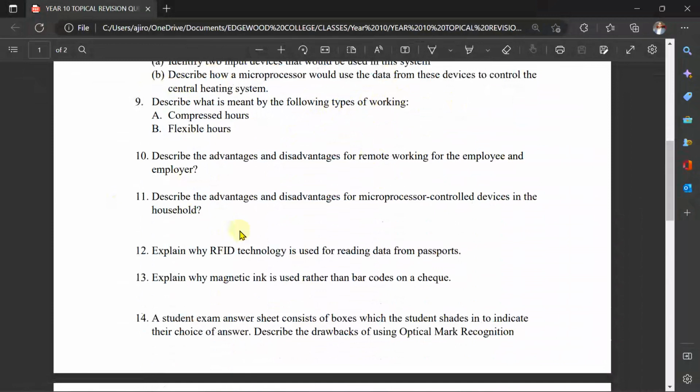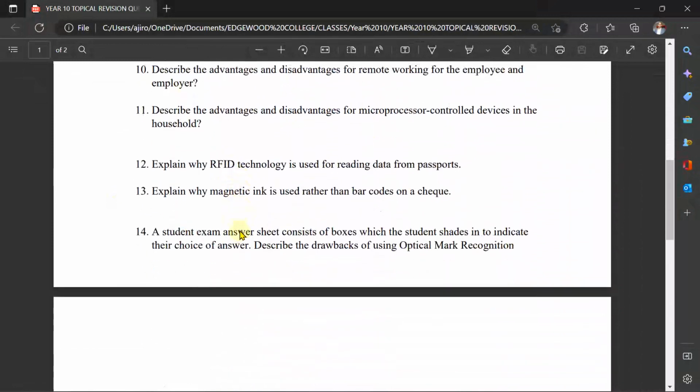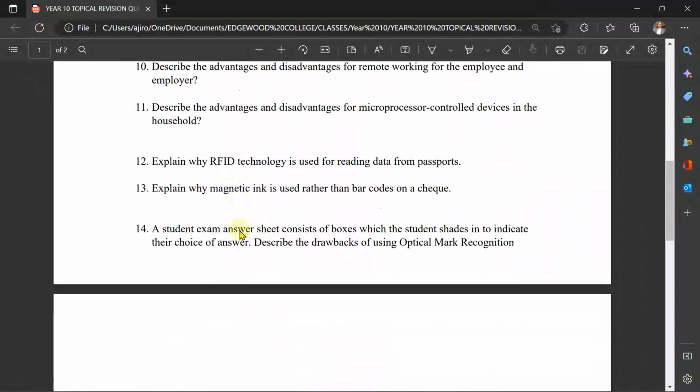Okay. So question 13, which is the second to last. They say explain why magnetic ink is used rather than barcodes on a check. To answer this question, let's create an example. A bank has replaced magnetic ink character recognition, for the details at the bottom of the check, with a barcode.